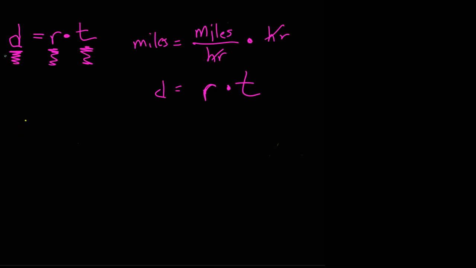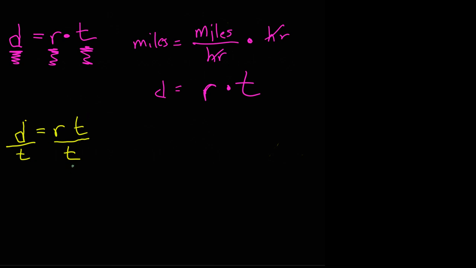So if I start with D equals RT, but I want to know what my rate is. Well, the definition of rate's kind of neat, but I'm just gonna go here, D equals R times T, but I want to solve for R. Well, the thing that's in the way is T. So I'm going to divide this side by T, and whatever I do to one side, I do to the other.